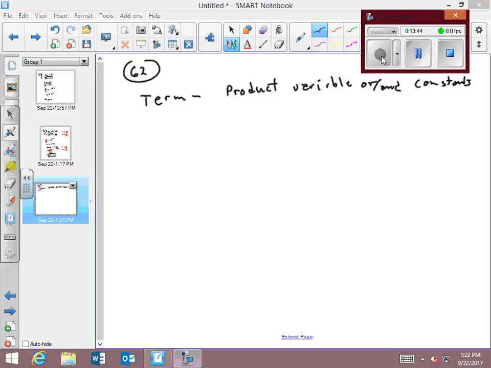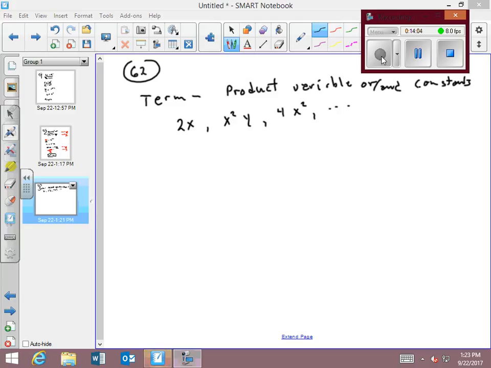So a term would be something like 2x or x squared y or 4x squared. You see, it's a product. A term is a product.